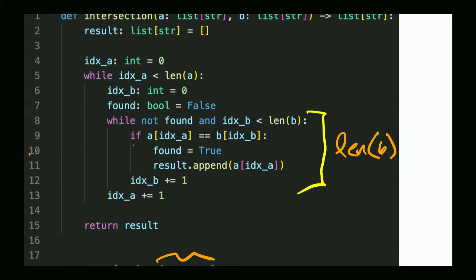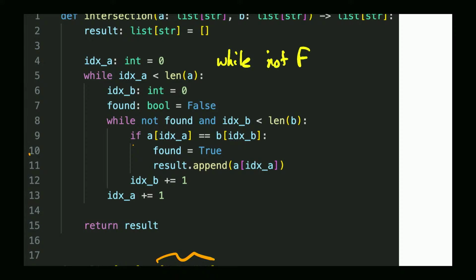So here, if we initialize found to be false, this would initially be what? While not false, and so on.